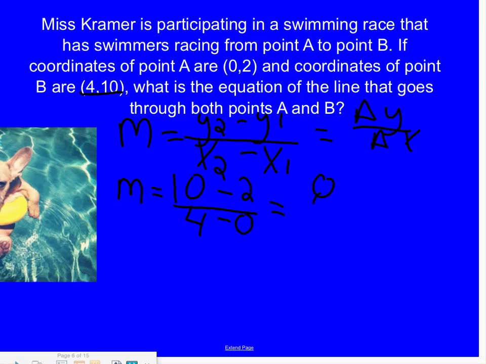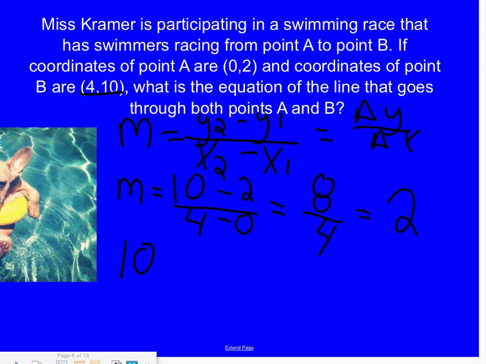You're going to get 8 over 4, which is 2. So we know our slope is 2. So now we just do what we did in the last two problems. We substitute 2 in for the m value, and then we pick one of the points to substitute. So I'll just pick that 4, 10.